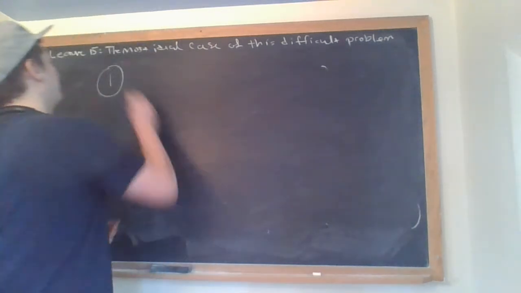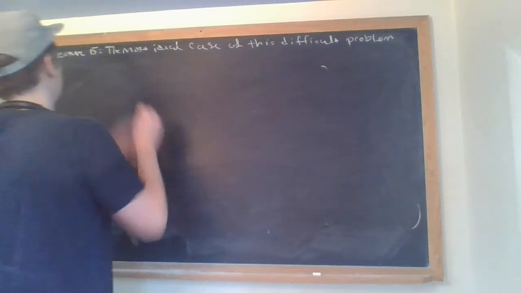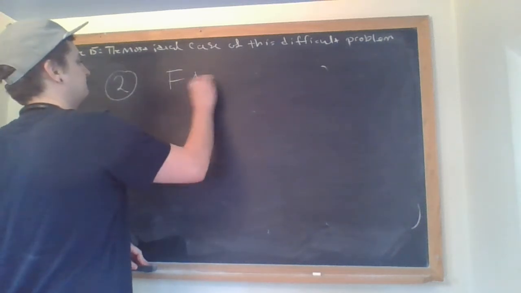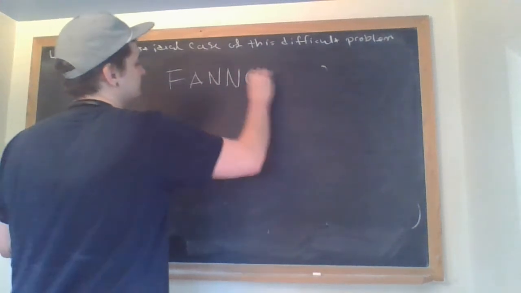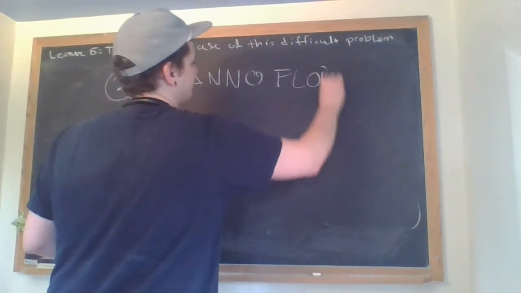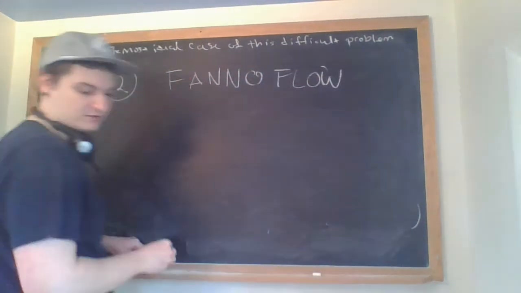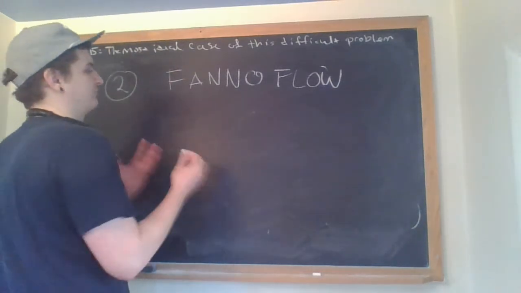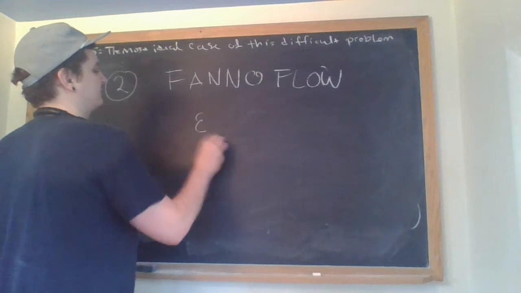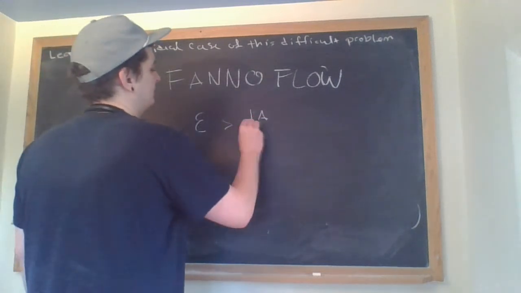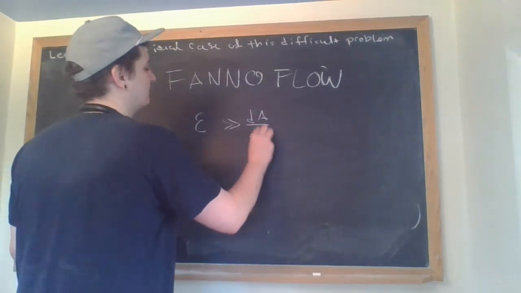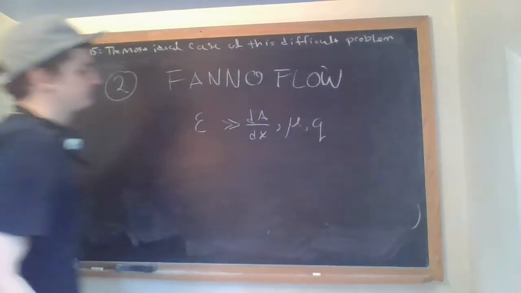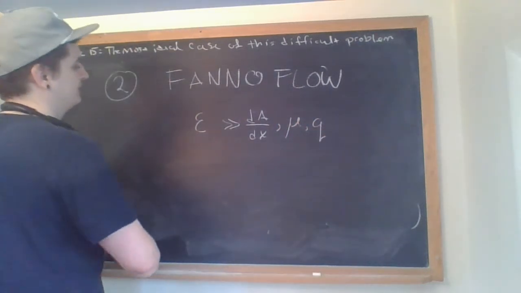The other one I drew has a name called Fano flow. Fano flow is a situation where it's really the viscous or roughness losses that matter most. So this matters much more than the rest of that stuff, and so there's a name for that.